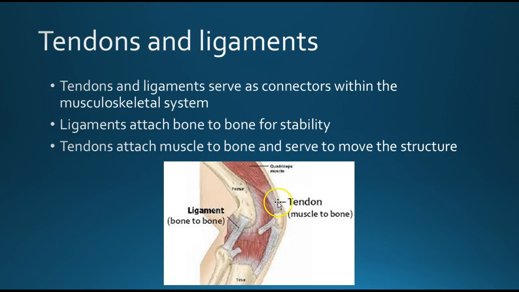The tendon attaches muscle to bone. Okay, so it helps to move the structure. The muscle does the contraction, and the tendon is a bit more hardy, shall we say. It's less elastic, and it serves to help move that joint.